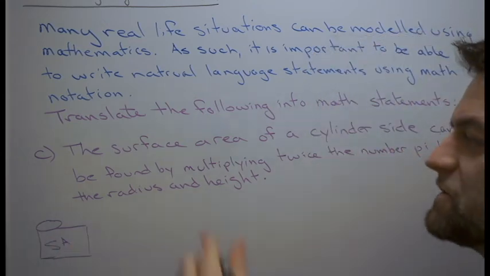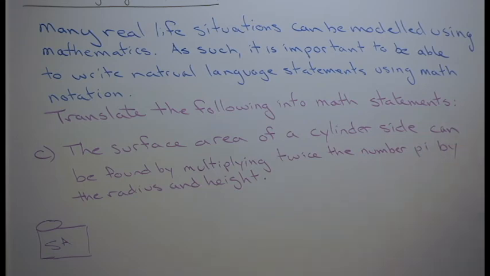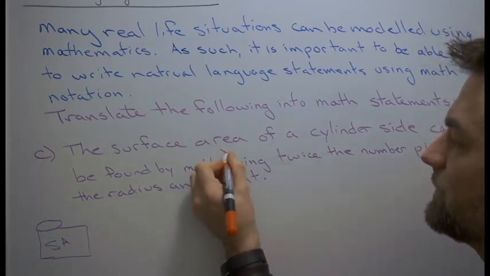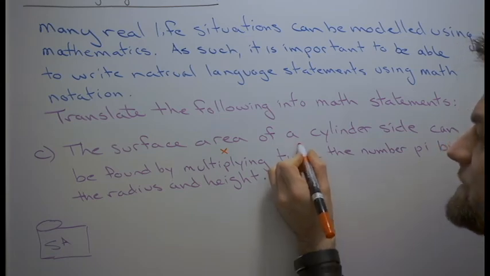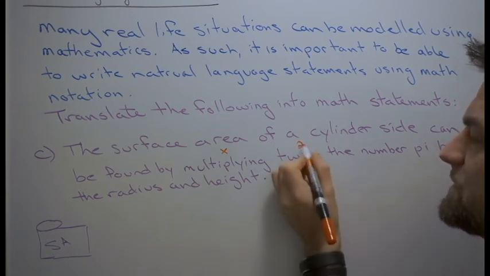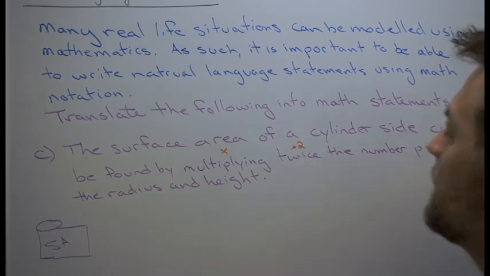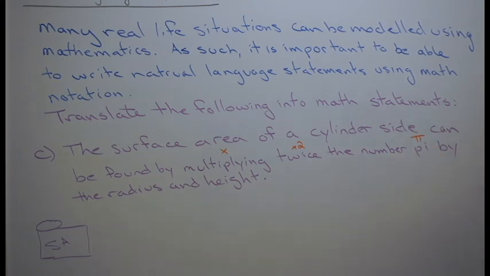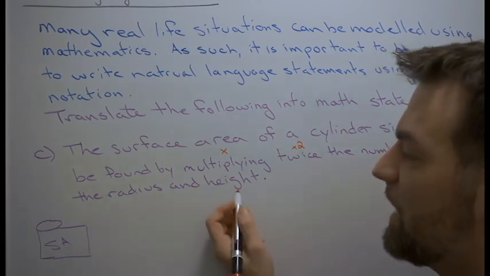So in this case, the surface area of a cylinder side can be found by multiplying twice the number pi by the radius and the height. So we're multiplying times twice, that relates to a times 2 somewhere, the number pi, so we often use that Greek symbol pi or 3.14 as an abbreviation, by the radius and the height.